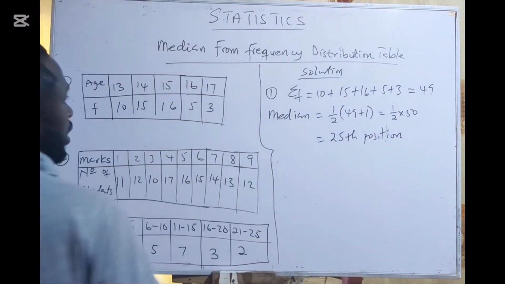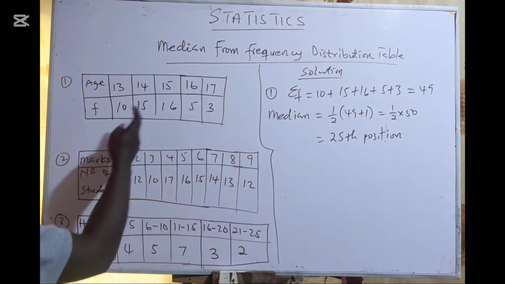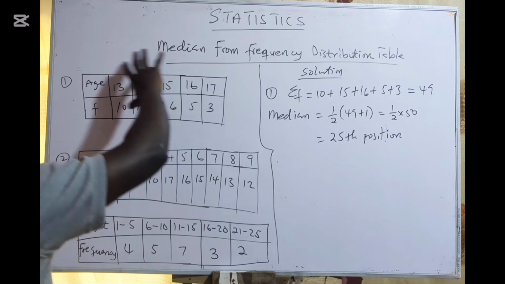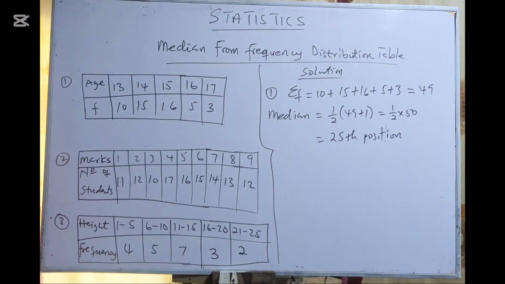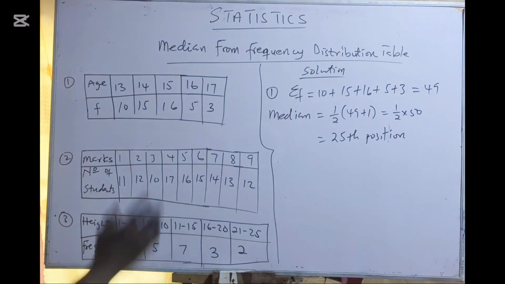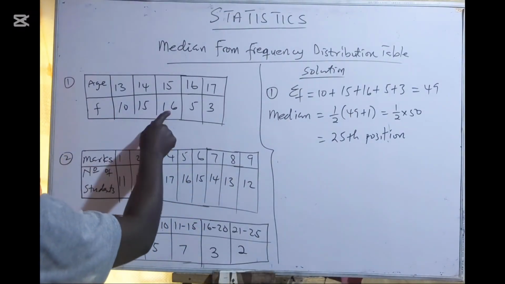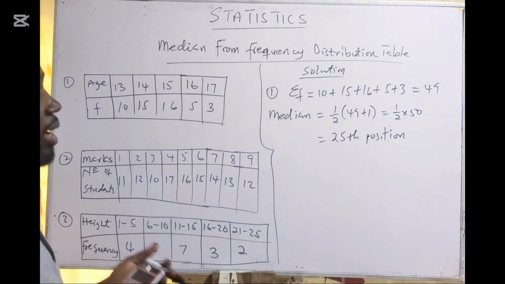So what we have to do is to cumulate the frequency. Look, the numbers in the table have already been arranged in order. If it is a set of numbers, you have to arrange it in order, but the table has already been arranged. So what you need to do here is add the frequency till you get to the 25th number.